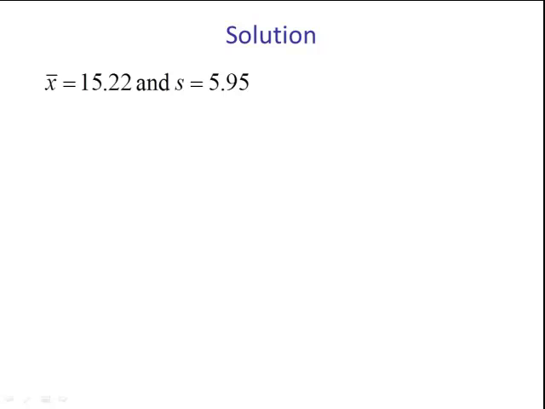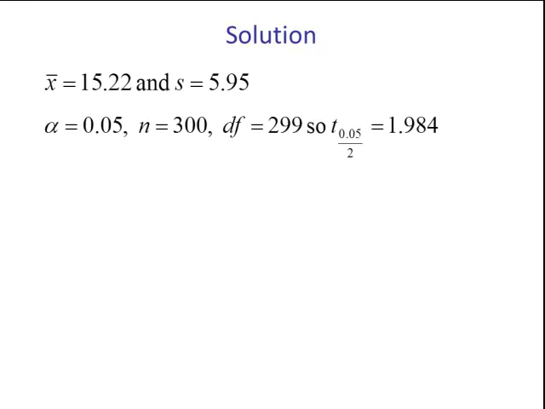So from the problem we know that x bar is 15.22 and s is 5.95. Alpha is 5%, 0.05, because we're doing a 95% confidence interval. Our sample size was 300, so our degrees of freedom is 299.